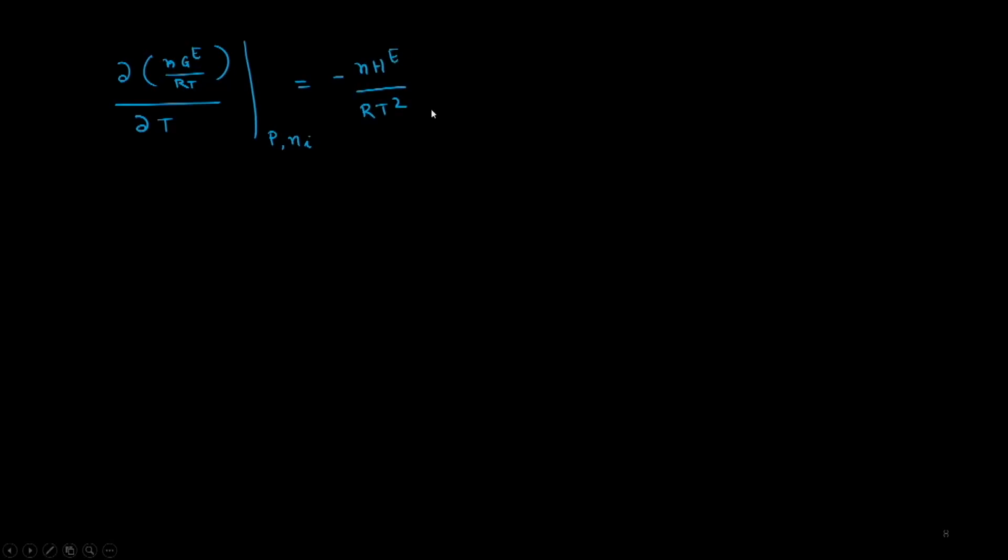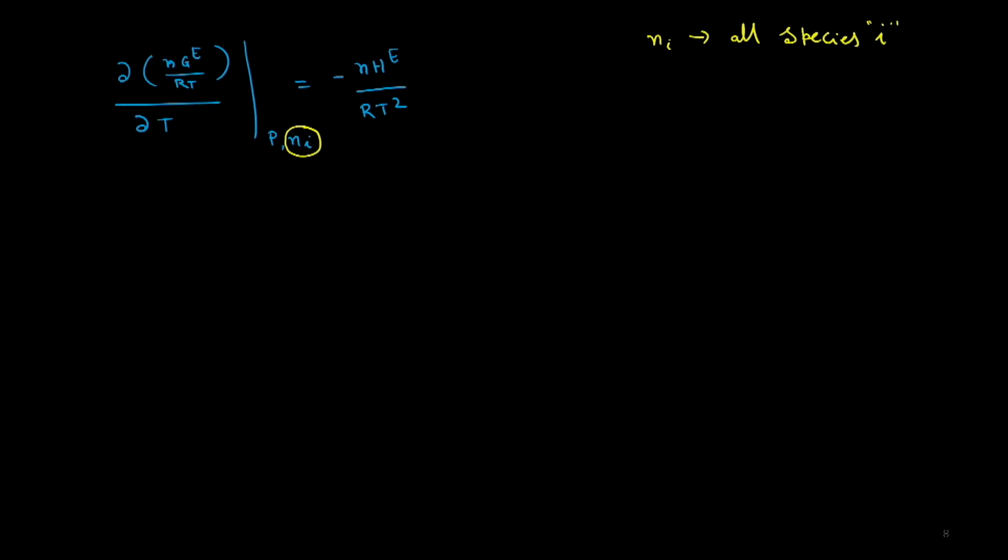Now, if you look at this, what I'm holding constant when I take the derivative on the left-hand side is the pressure, of course, and n_i, the moles of all species i being held constant.